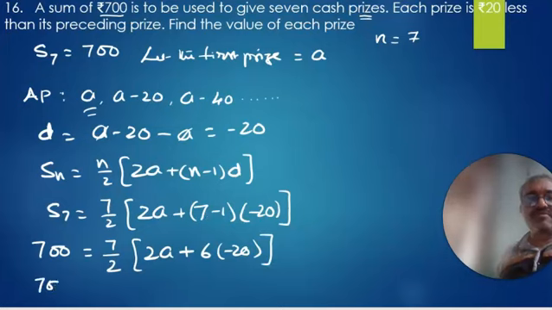So 7 by 2 అటువైపు పంపిస్తే 700 into 2 by 7 is equal to 2a minus 120.